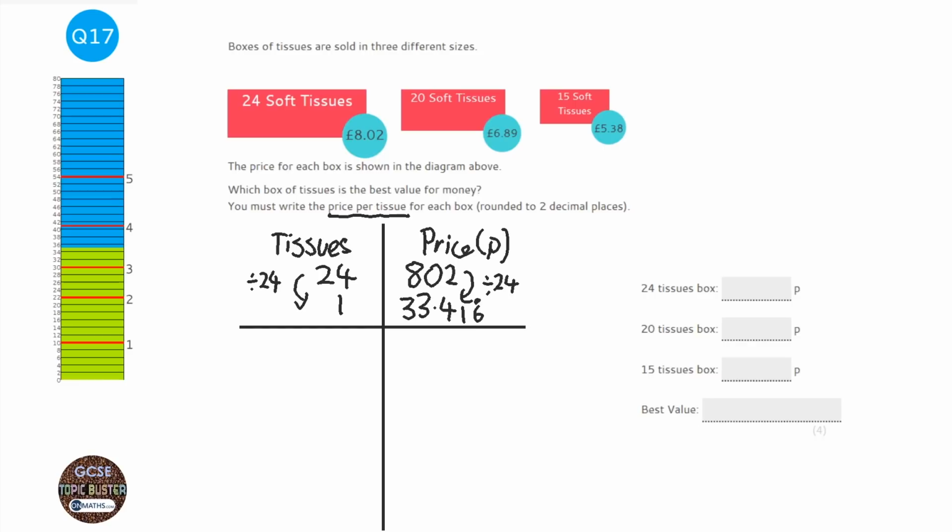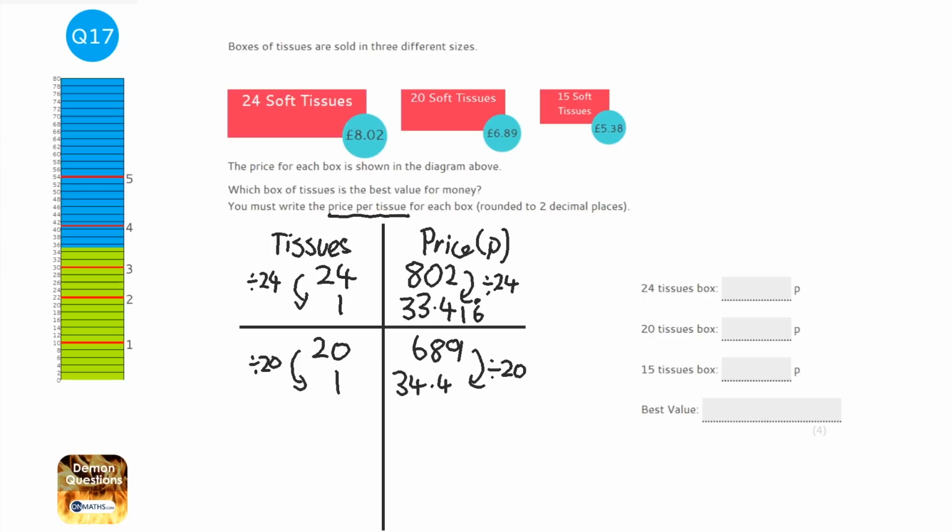Okay, so the next one is 20 tissues, and that costs 689 pence. So this time I'm going to divide both sides by 20, so I know how much 1 tissue costs. So 689 divided by 20 on the calculator, and I get 34.45 pence. Okay, and the last one, let's draw our line.